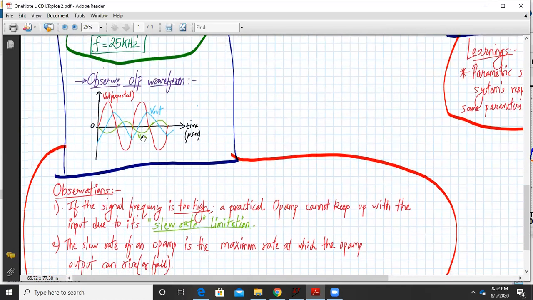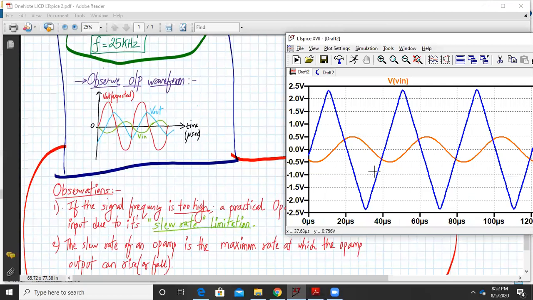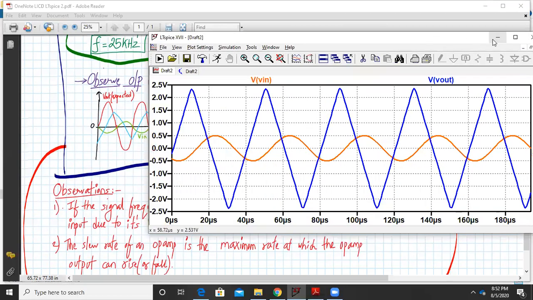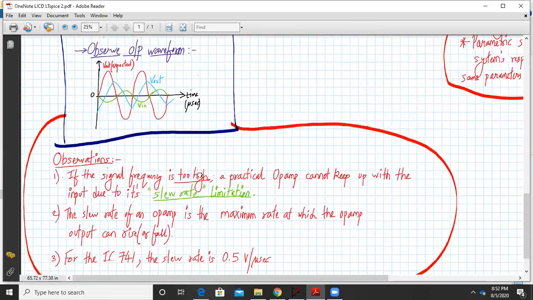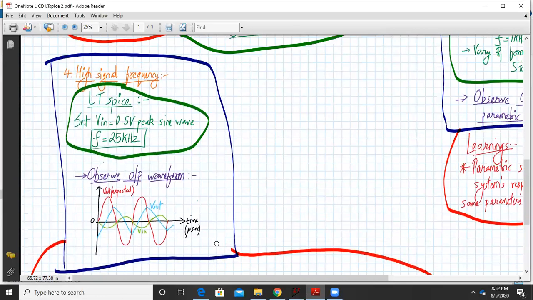There is an upper limit for every op-amp. This high frequency signal limits the speed of my op-amp's functioning. So it's not functioning as an amplifier right now, not at all. Neither is it giving the amplification, nor the desired wave shape. So that's the effect of high signal frequency.